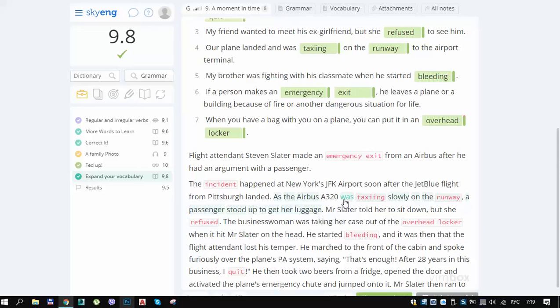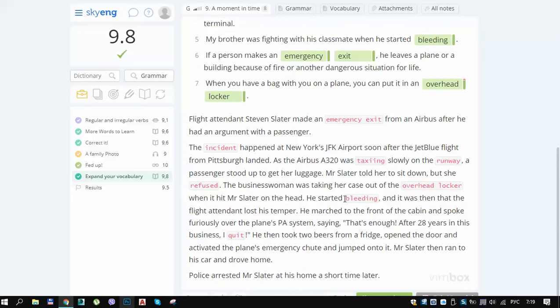Our plane landed and was taxiing on the runway to the airport terminal. My brother was fighting with his classmate when he started bleeding. If a person makes an emergency exit, he leaves the plane or building because of fire or another dangerous situation. When you have a bag with you on a plane, you can put it in an overhead locker.